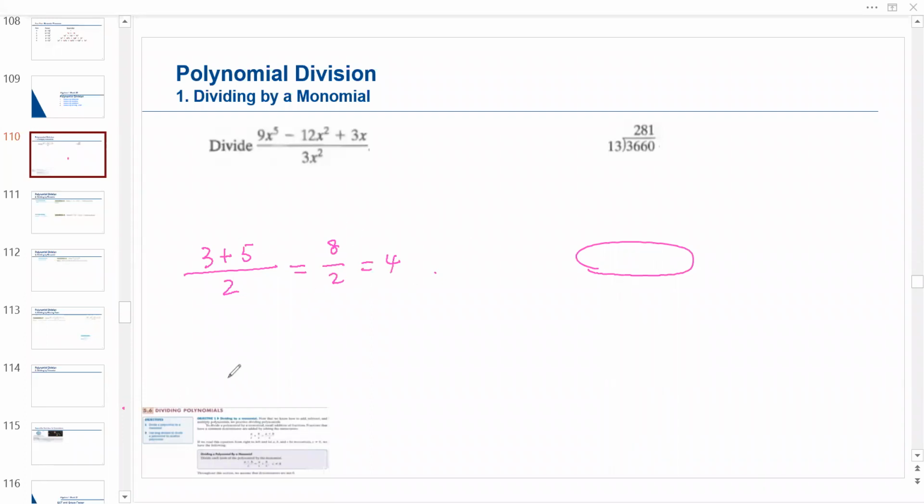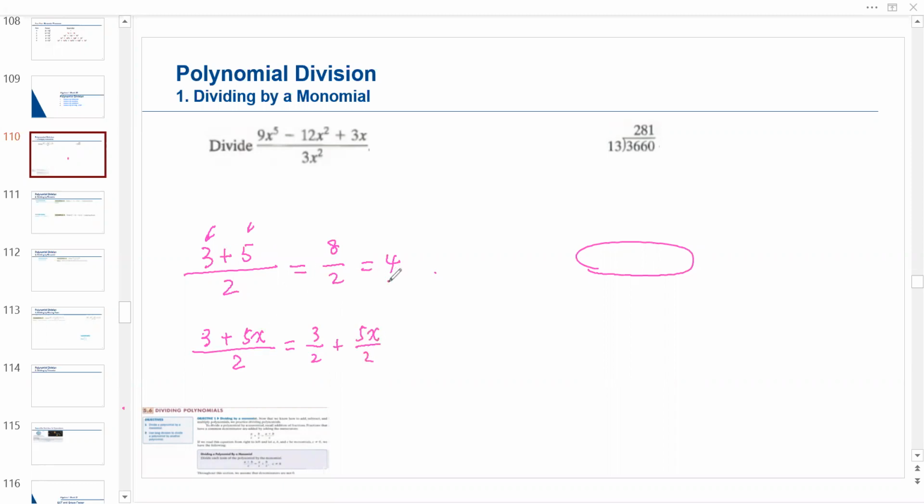All right. So in algebra, the numbers are not always given as numbers, they give you some variable, right? So take 3 plus 5x divided by 2. We cannot combine 3 plus 5x, right? So what do we need to do? We can do 3 divided by 2 first, and 5x divided by 2 separately.